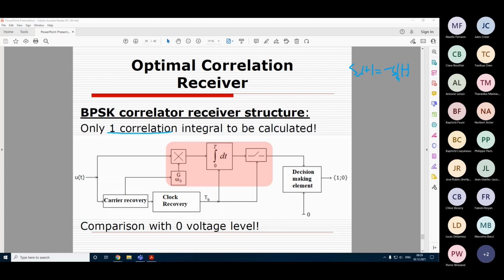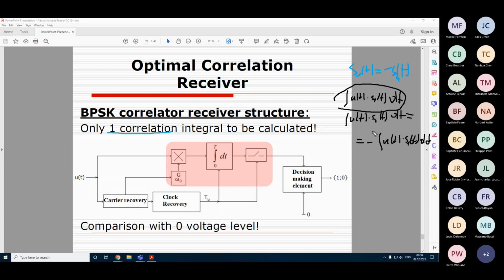So if we calculate this integral, with dt here also, it's actually the same integral in both cases, because I can write it like this, changing the sign before the integral, and it's still the same integral.